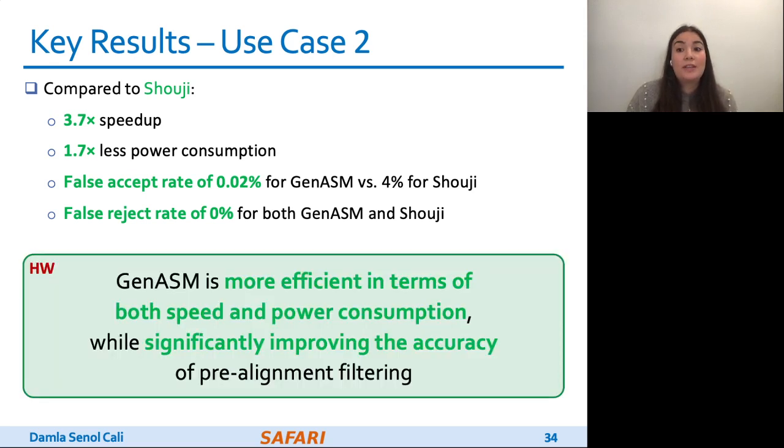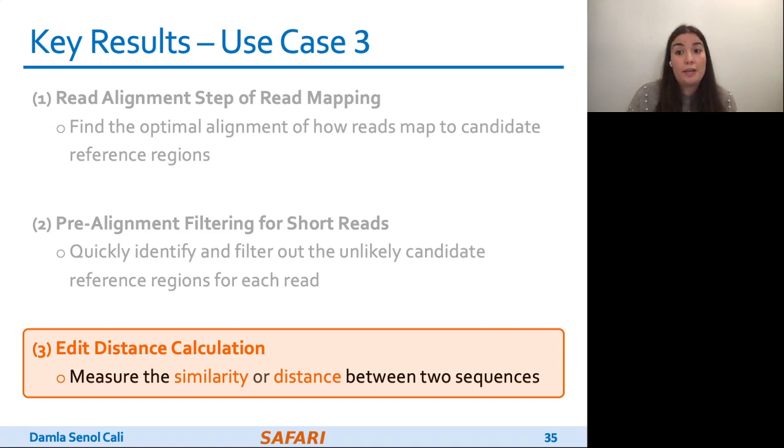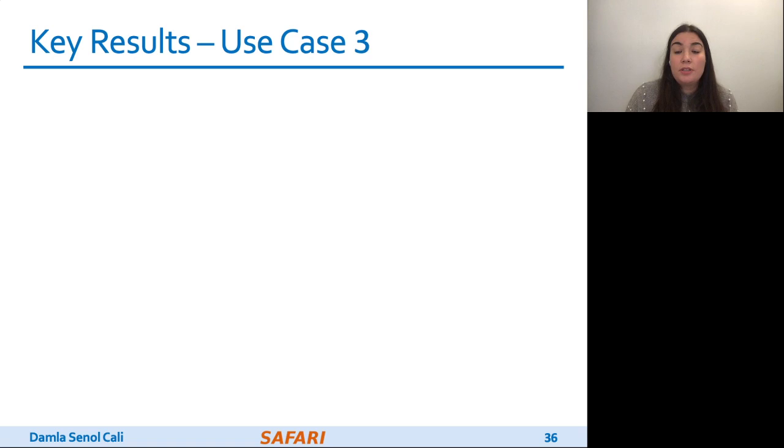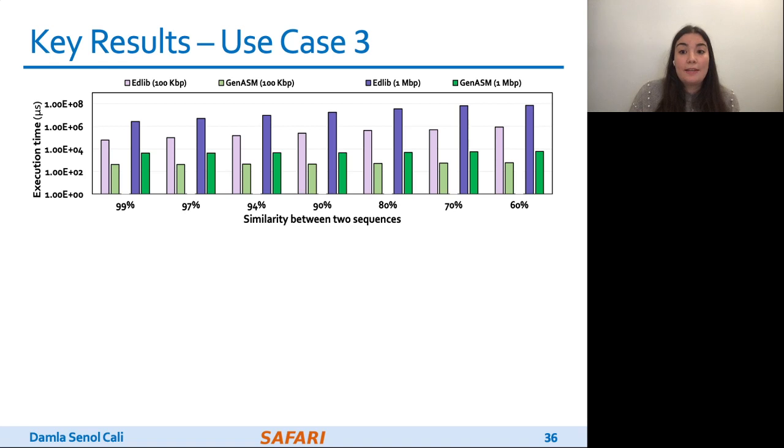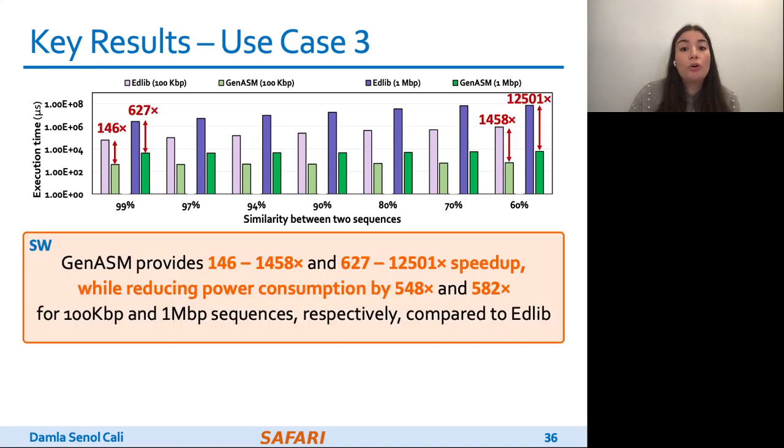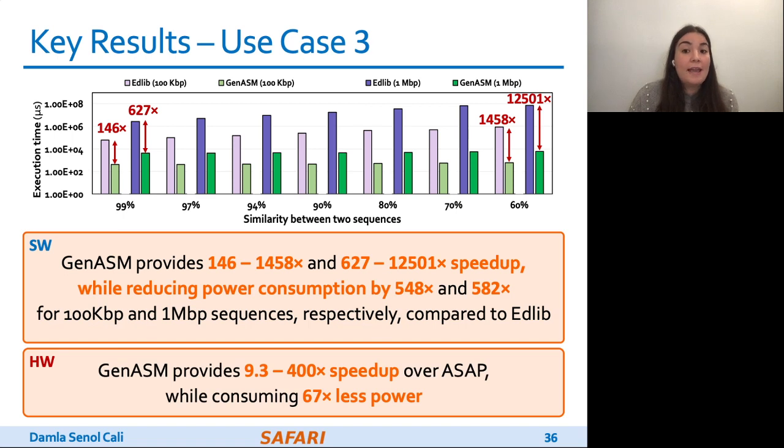Compared to Shouji, which is a state-of-the-art FPGA-based filter, GenASM is more efficient in terms of both speed and power consumption, while significantly improving the accuracy of pre-alignment filtering. And let's look at our results for the third use case. Again, I won't be able to cover these results in detail, but here are the key takeaways. Compared to the software baseline Edlib, GenASM provides 2 to 4 orders of magnitude speedup while reducing power consumption by 2 orders of magnitude. And compared to the hardware baseline, ASAP, GenASM provides 9.3 to 400 times speedup while consuming 67 times less power.